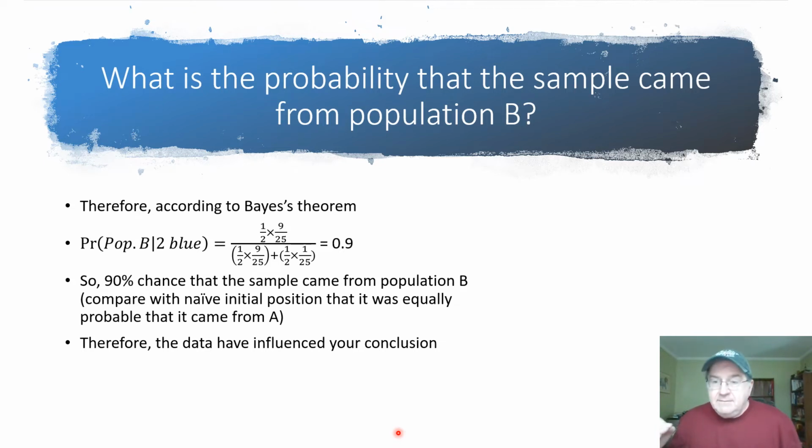But the data tell me something quite different. The fact that I have 2 blue-eyed parrots suggests that no, it's 90% likely that they came from population B. They could have come from population A, but there's only a 1 in 10 chance of that having happened. 9 out of 10 chances that they came from population B.